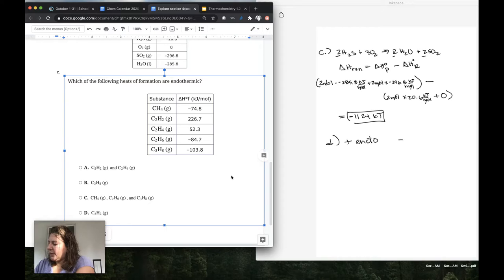And so anything that's going to have a negative value will be exothermic, right? So looking at this, my positive values are going to be the C2H2, right? And then I have C2H4. And those are the only 2 that are positive, right? So those are your 2 answers that we have there.